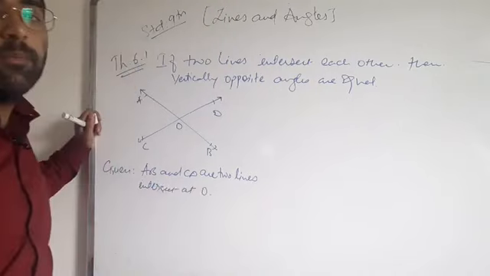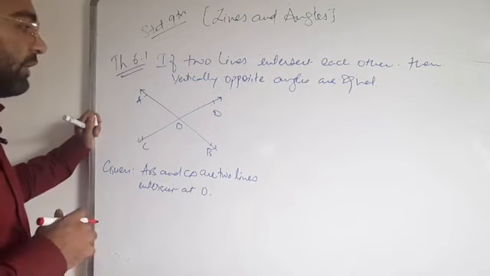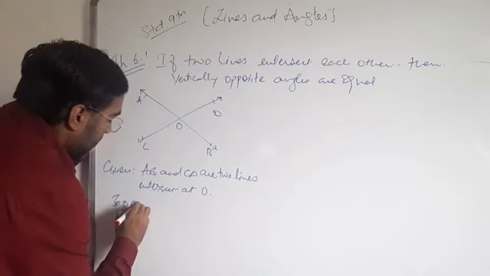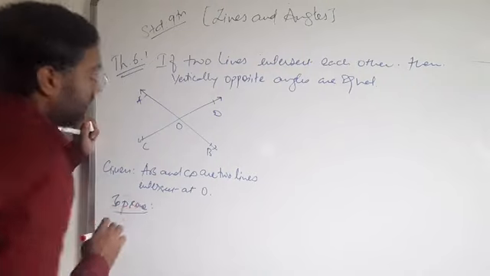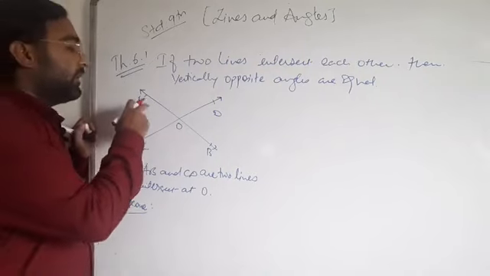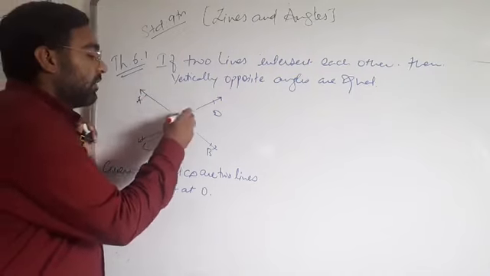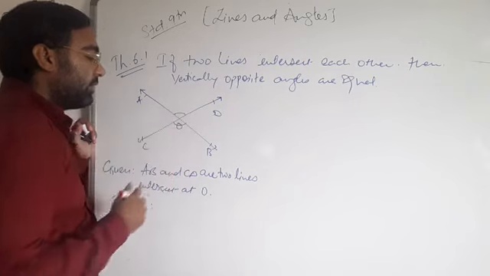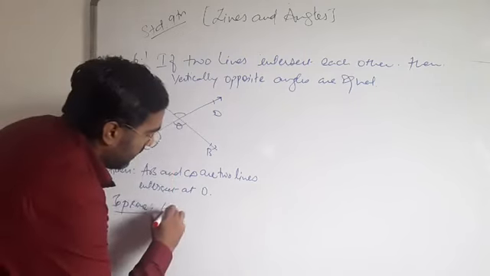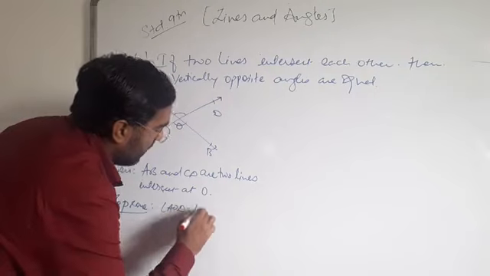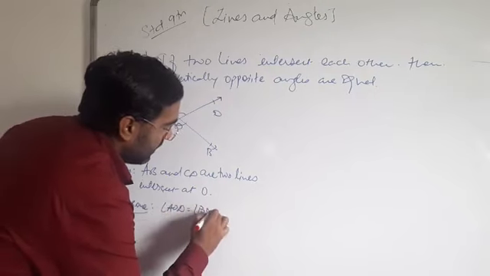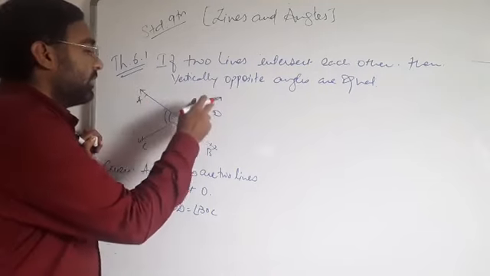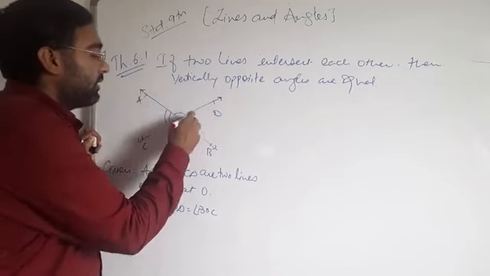Now what we have to prove is that vertically opposite angles are equal. Angle AOD is equal to angle BOC, these are vertically opposite angles. And the second one is angle AOC is equal to angle BOD, also vertically opposite.